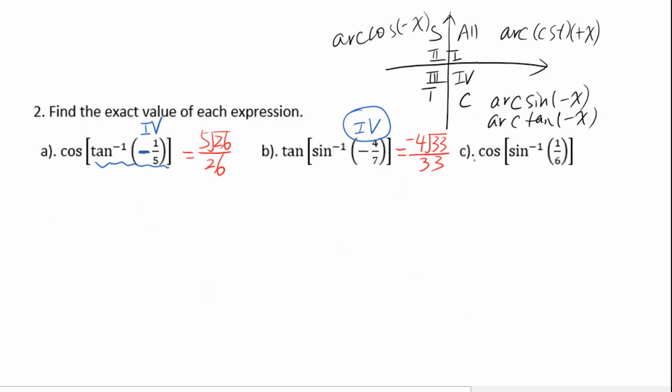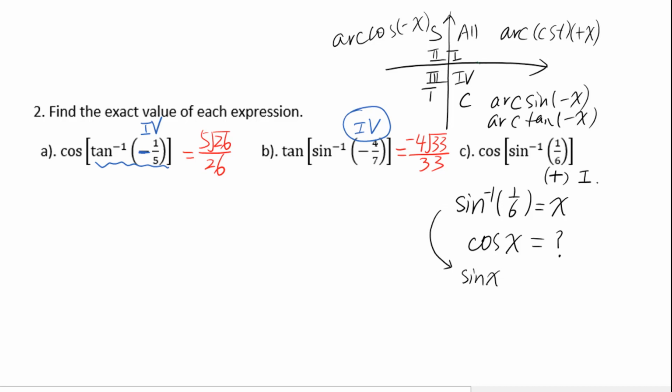Let's go to C. Cosine inverse sine of 1 over 6. Since this is positive, go to the first quadrant. Everything is positive, so we don't worry about the sign. We will make inverse sine of 1 over 6 equals x. Then we are looking for cosine x now. From here, we can get sine x equals 1 over 6.